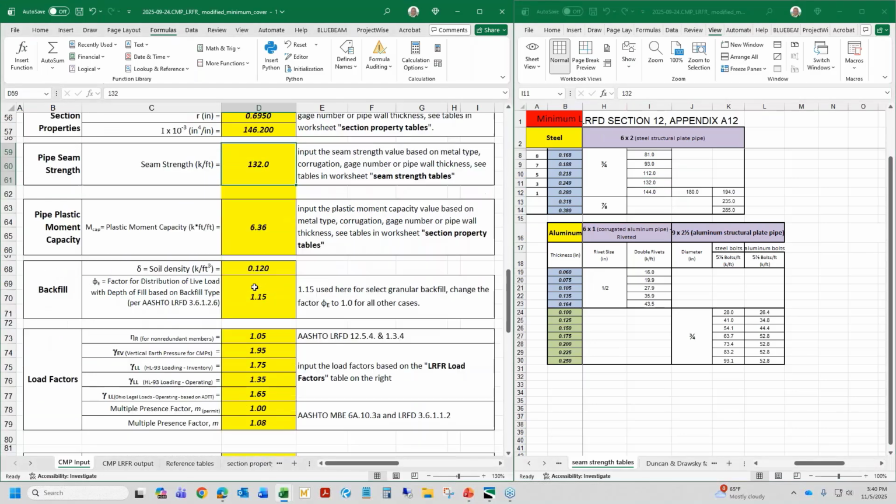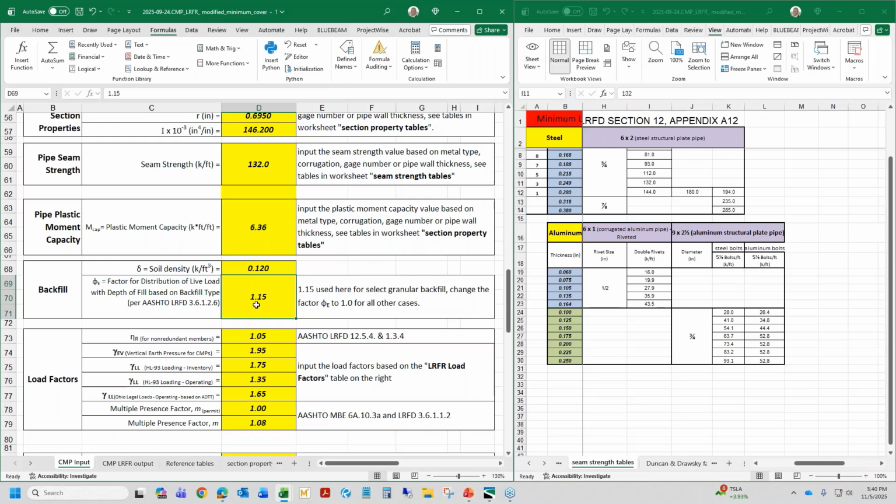Next, we go down and we have our soil density at 120 pounds per cubic foot, or 0.12 kips per cubic foot. The load distribution factor is 1.15, and this is the load distribution factor for LRFR, which is the recommended method of utilizing for load rating for corrugated metal culverts.